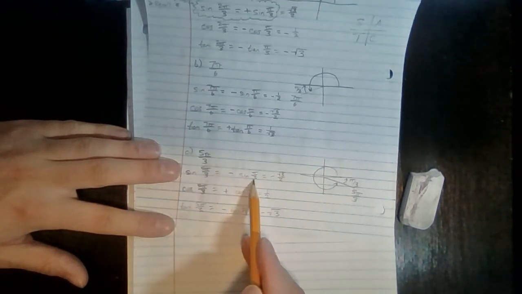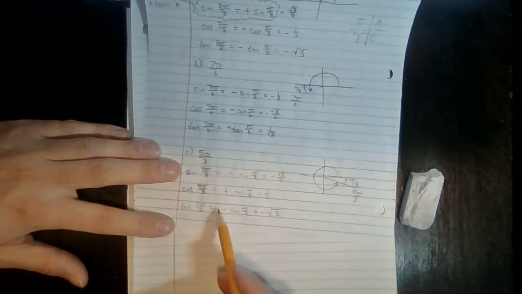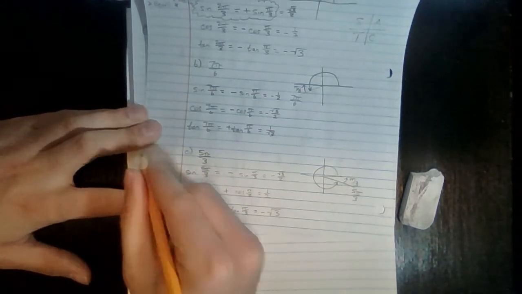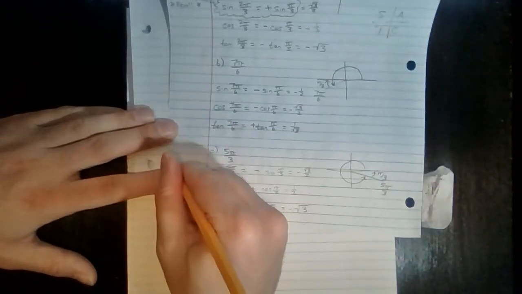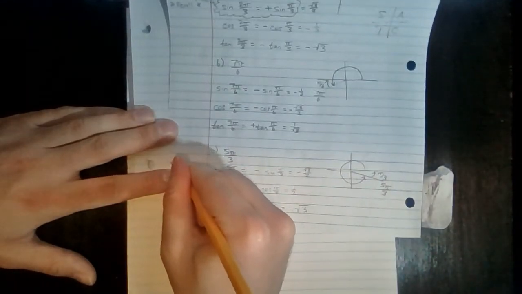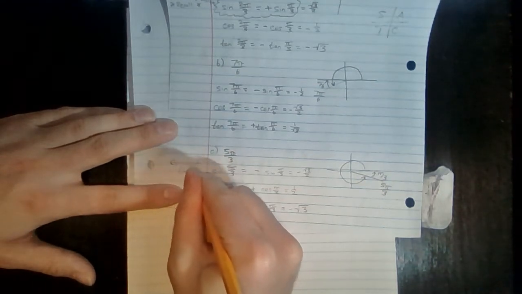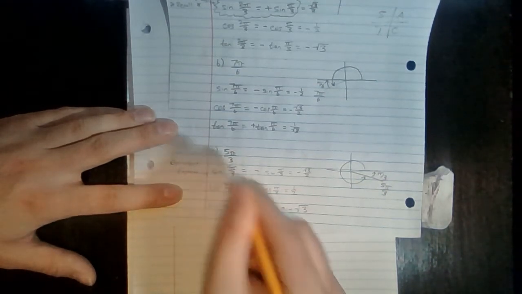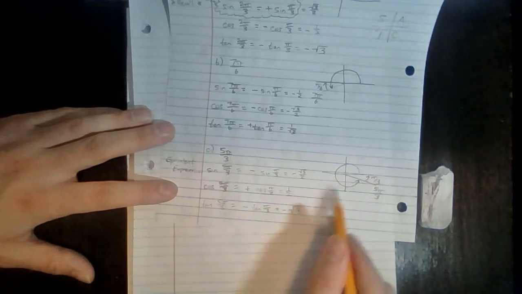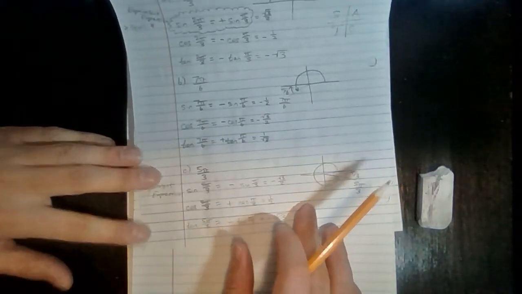There's always 2 parts in coming up with our equivalent expressions every time. We have our sign, which we know from which quadrant we're in and which trig ratio we're looking at.